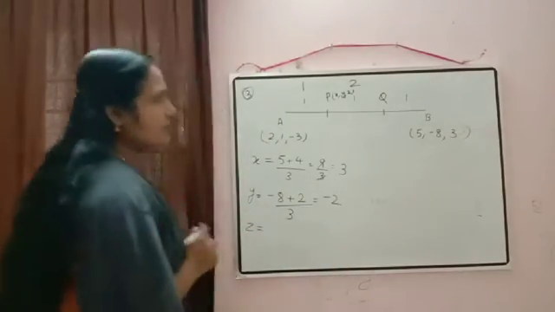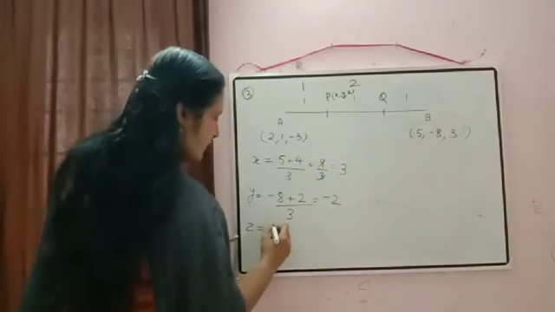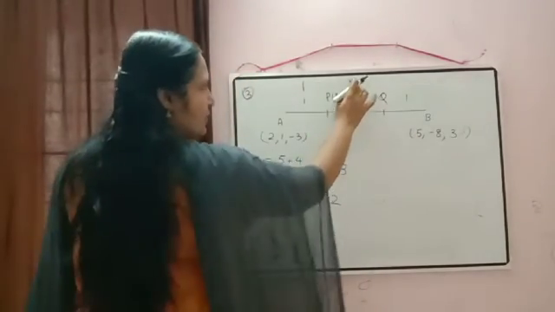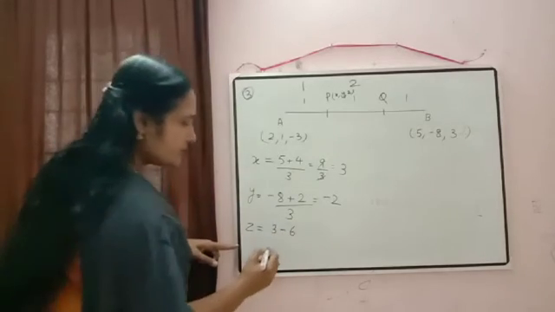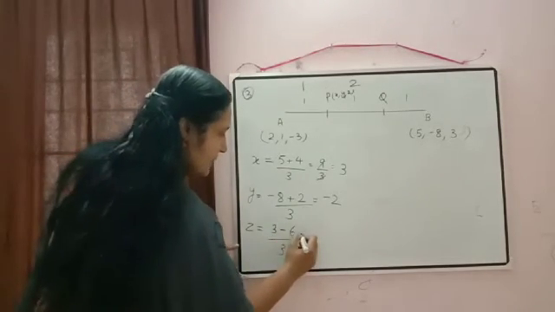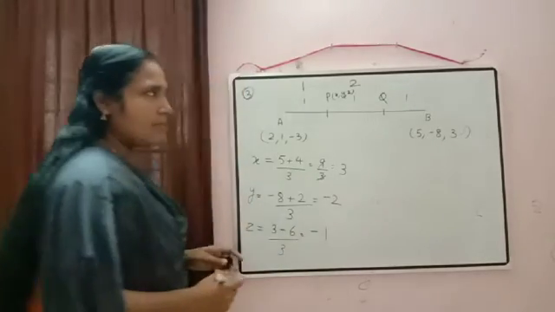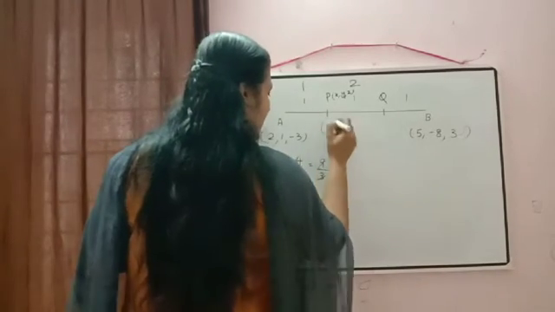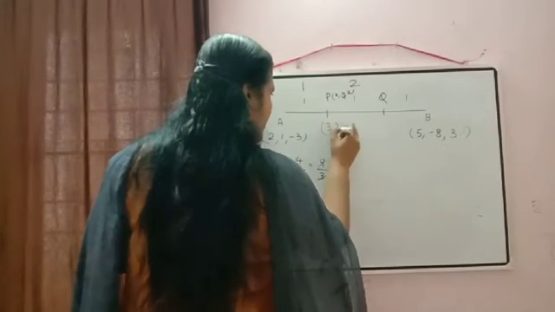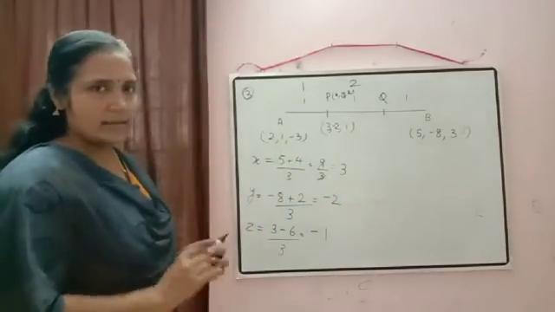Similarly, we will check what will be the z coordinate there. 1 into 3, so that will be equal to 3, plus 2 into minus 3, so that will come minus 6, by 3. 3 minus 6, minus 3 by 3 will be equal to minus 1. So we got the x, y and z coordinates of the point P. What we got? 3, minus 2 and minus 1 there.